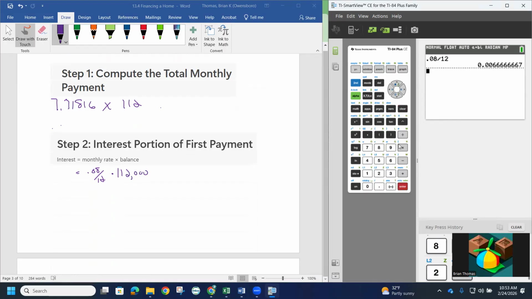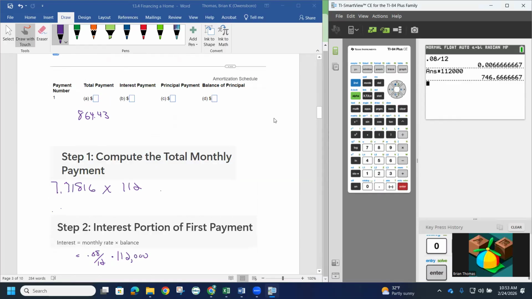Then if we multiply that by the 112,000, that tells us how much interest we're paying. So it looks like $746.67. So the interest payment is going to be $746.67.